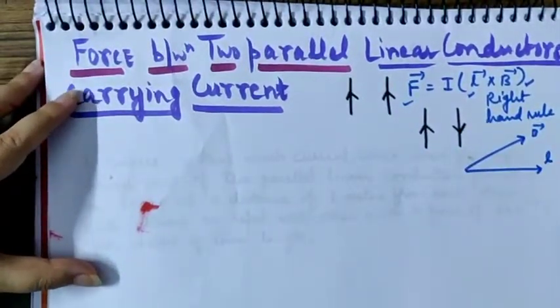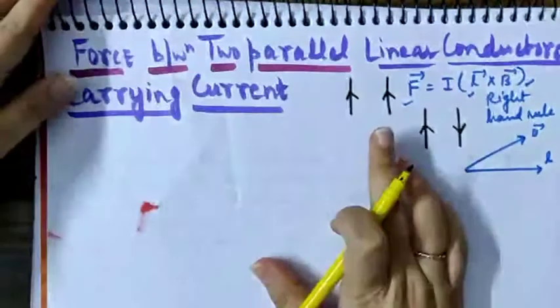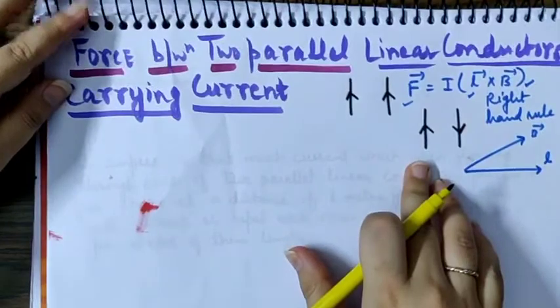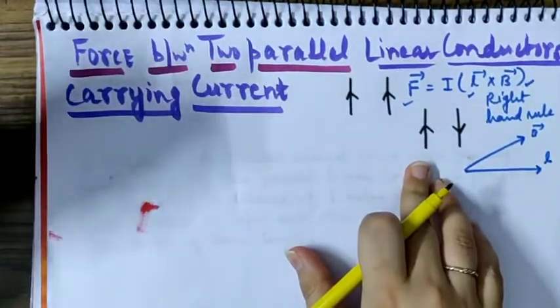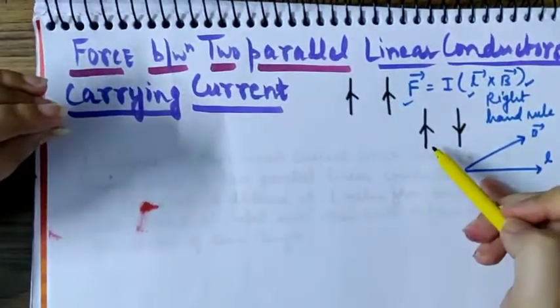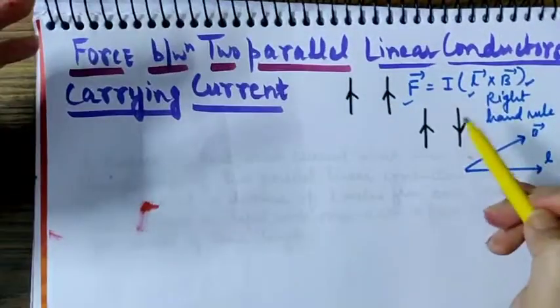Only these two cases can occur. Mathematically, the force in both cases will be the same. We'll find the force only in a single case, but we'll find the direction of force in both cases. So let's move on to the topic.